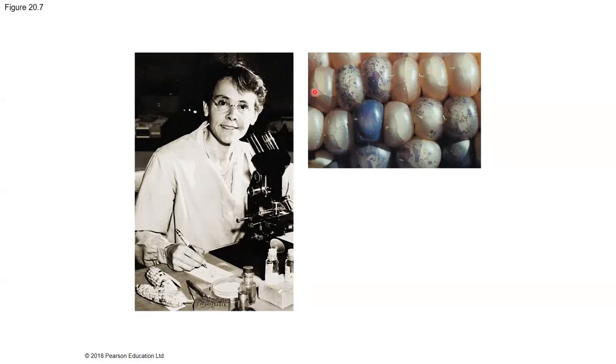So this is a corn, okay? So a corn cob will have more than one color, for example. Some are, as you can see, yellow, some are maybe blue, some are more purple, and something like this.